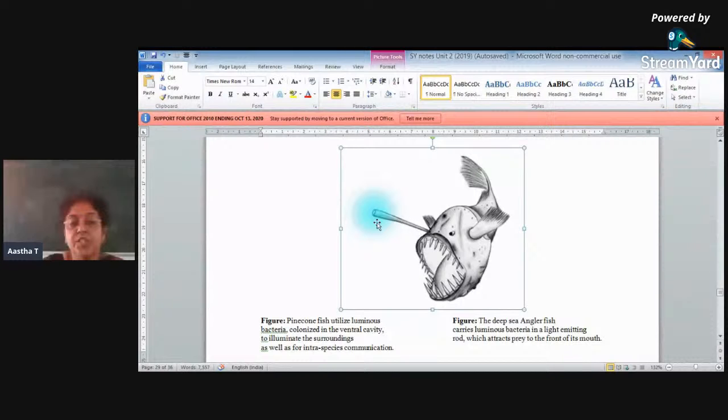Because of this luminescence, the smaller fishes or the prey are attracted towards this fish, and as they are attracted towards this light, this fish can engulf them or eat them. So this is how the predator prey relationship is found in this fish because of this bioluminescence.